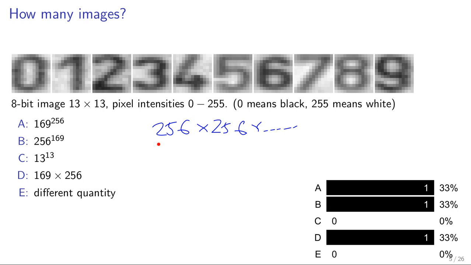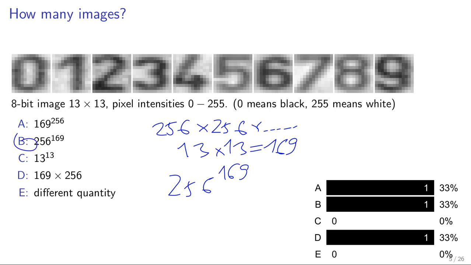And as I have 13 by 13, which is 169 pixels, I have 256 to the power of 169 possible images. That obviously is huge. Even though it's still grayscale and the resolution is not great, it's just impossible to see all possible images and then have examples of all classes. So this is not the way to go; you cannot do that.